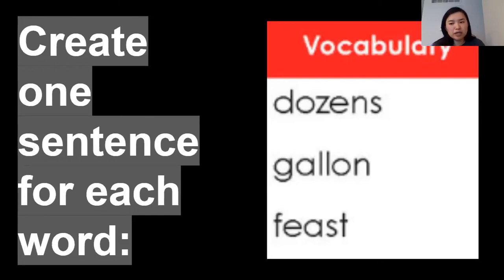You might be familiar if you go to the store and you will see that milk is sold by the gallon or a half a gallon. Really, it is, again, a quantity to measure a liquid. And then we have it where feast. That is usually a big variety of food.